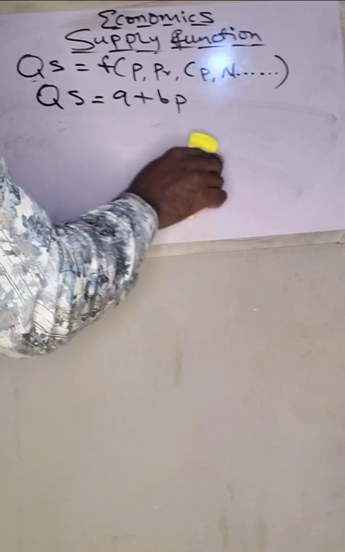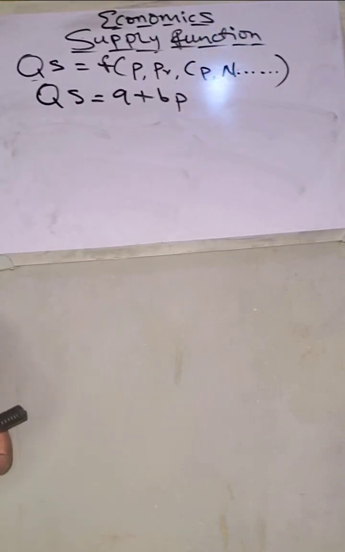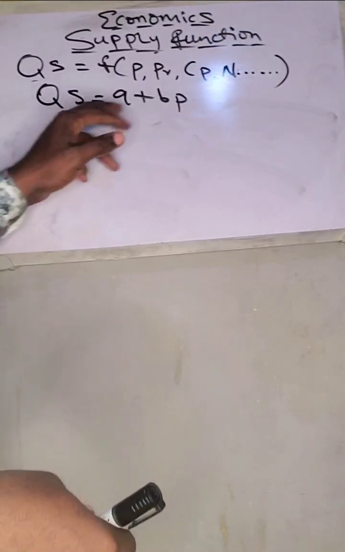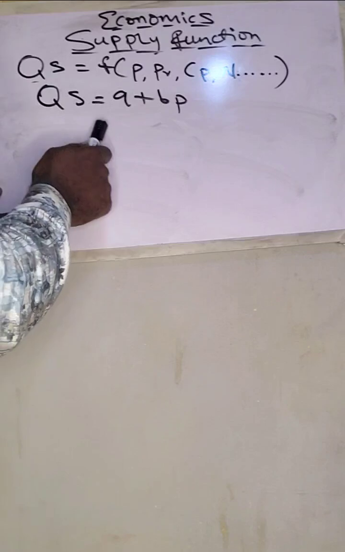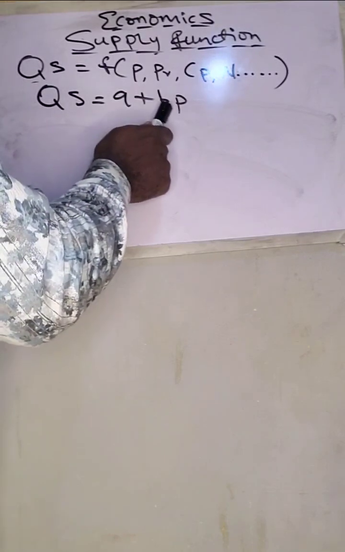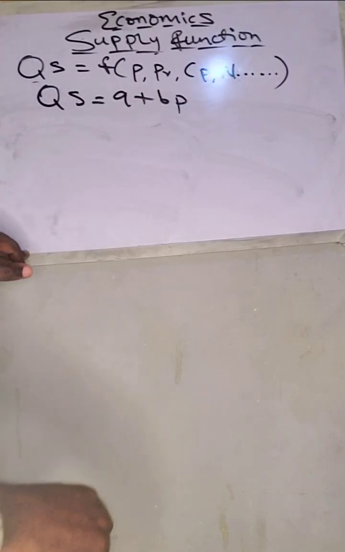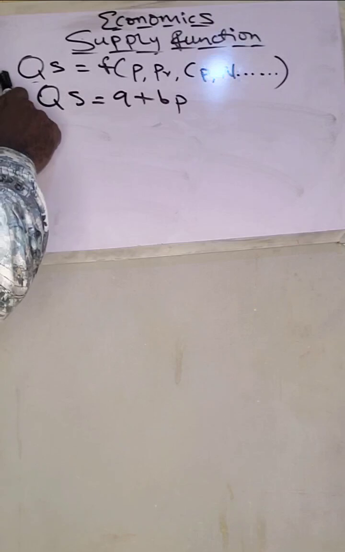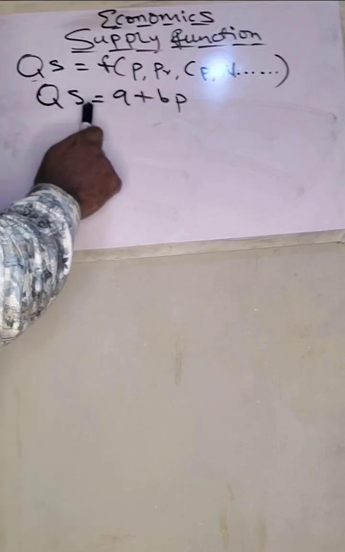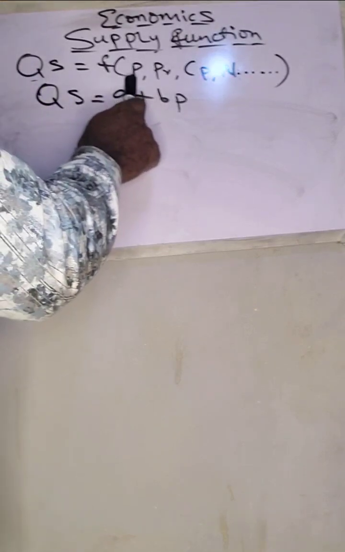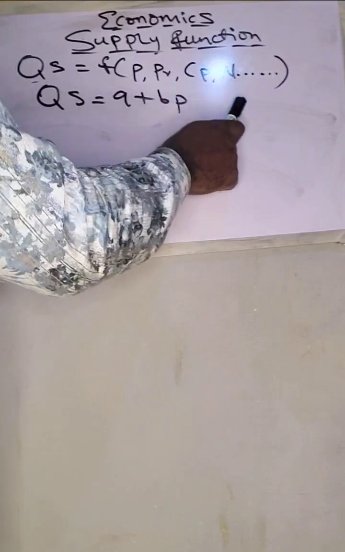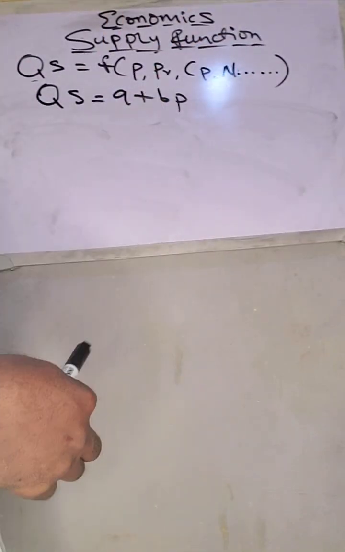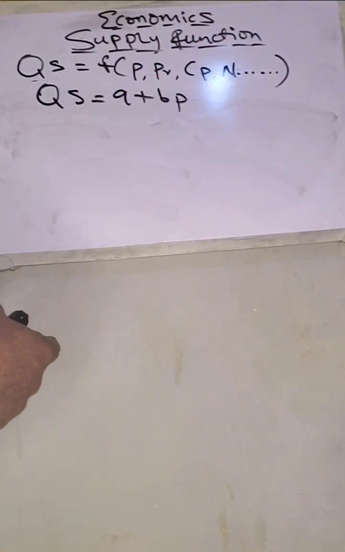P is for price. Supply function is given as QS equals A plus BP. Quantity supplied is a function of P, PR, CP, N, etc. We have other factors that are affecting supply.